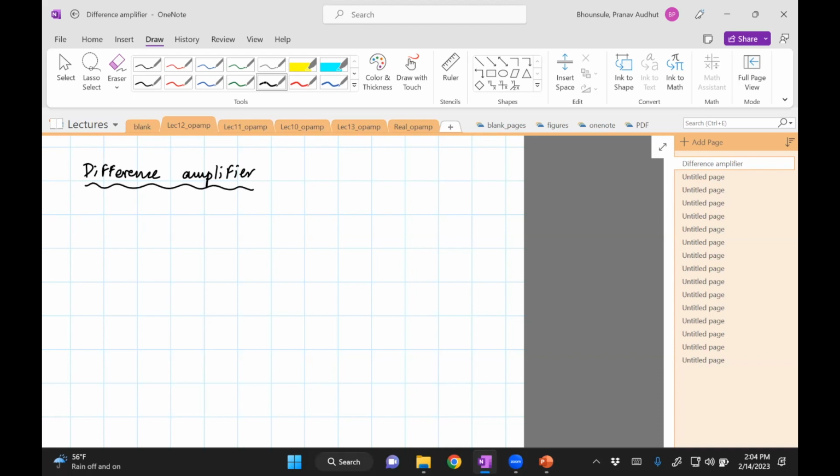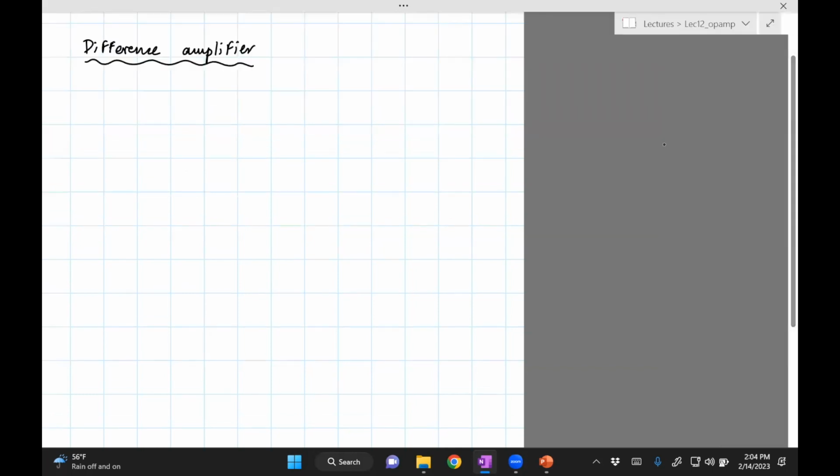Clearly, for a difference amplifier, which is supposed to compute the difference between two input sources, you need two voltage sources. And then there'll be a bunch of other resistors. Let's draw the circuit.